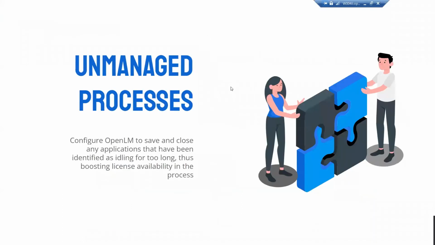So let's also talk about applications which are not using a floating license model. Let's say they're named licenses, or just applications you would like to monitor that are not floating or using any license manager at all. For that, we have the Unmanaged Processes extension.